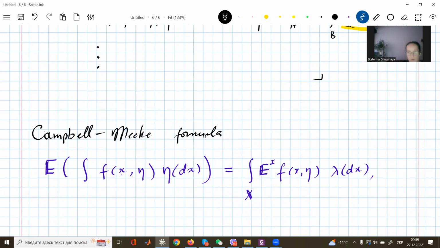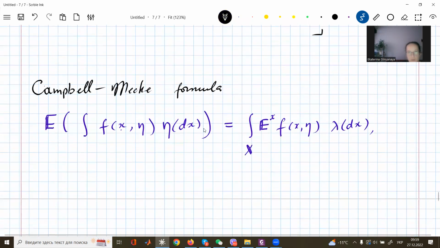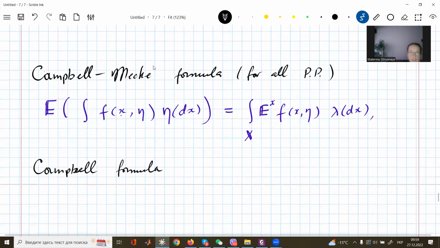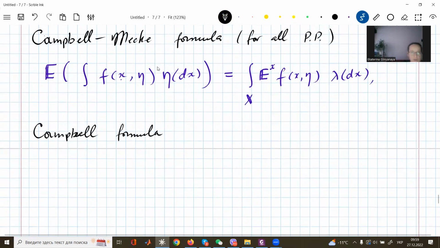This is for all point processes with locally finite intensity measure. Then the Campbell formula, this is just the simplest form of this one.